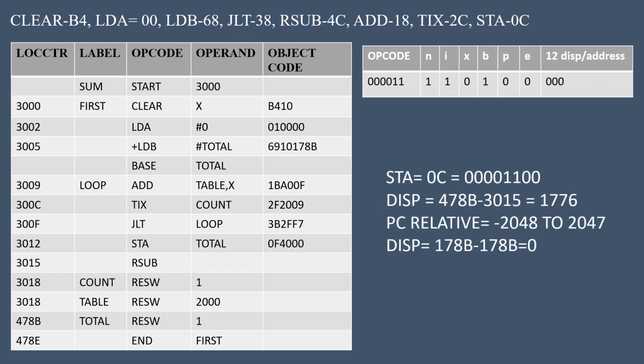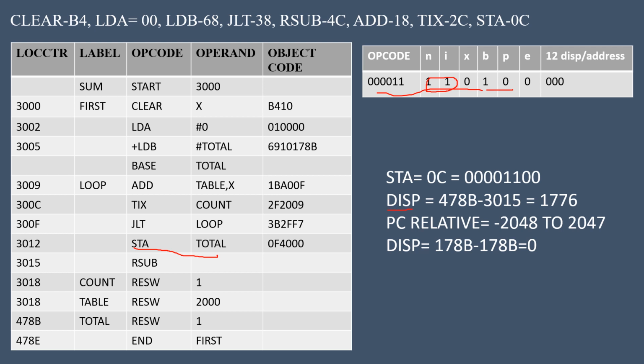The instruction is STA total, which is also a third type instruction, so the same instruction format is followed, and it is neither indirect nor immediate. The value for n and i is taken as 1. In order to calculate whether it is base relative or program counter relative, we need to find the displacement value.